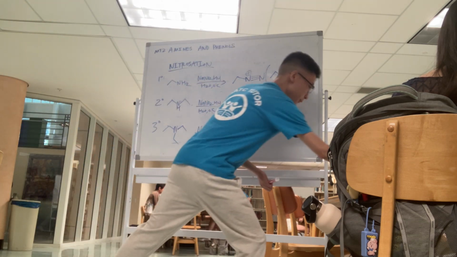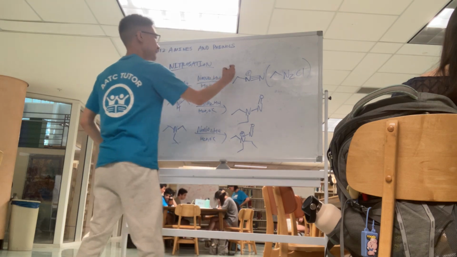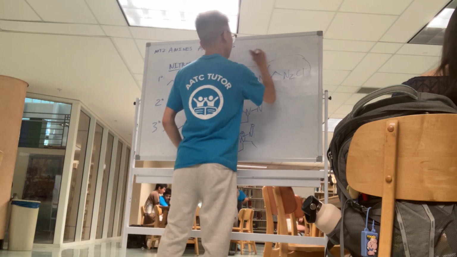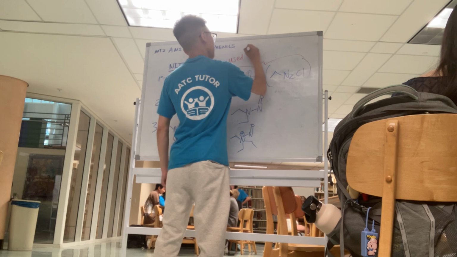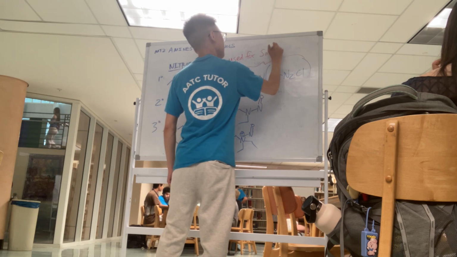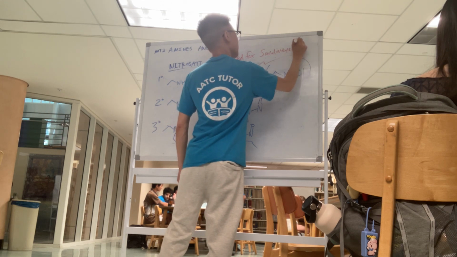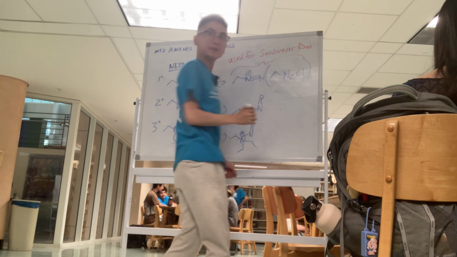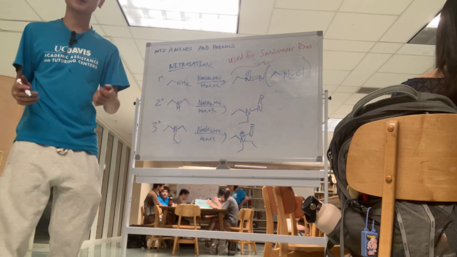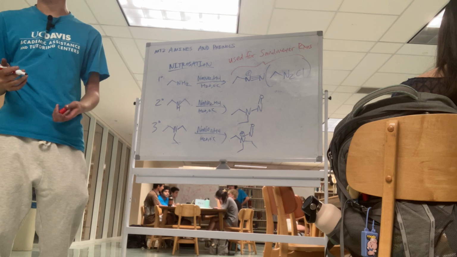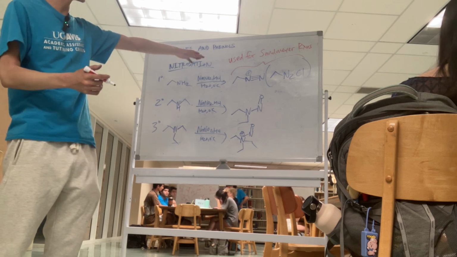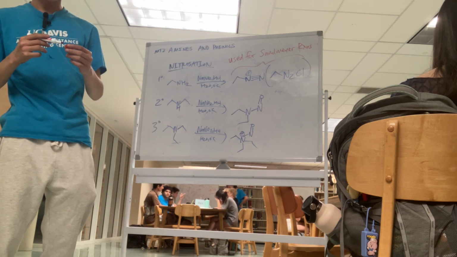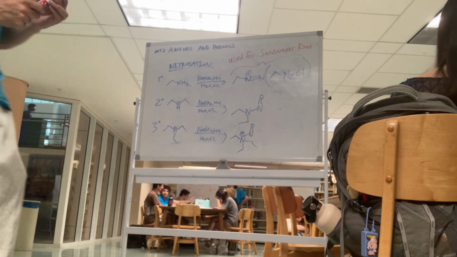Where the primary amine part right here, this would be Sandmeyer reactions, like the copper X, where X could be CN, Br, chlorine. That's the next chapter. This reaction comes back at that chapter with the benzene stuff.